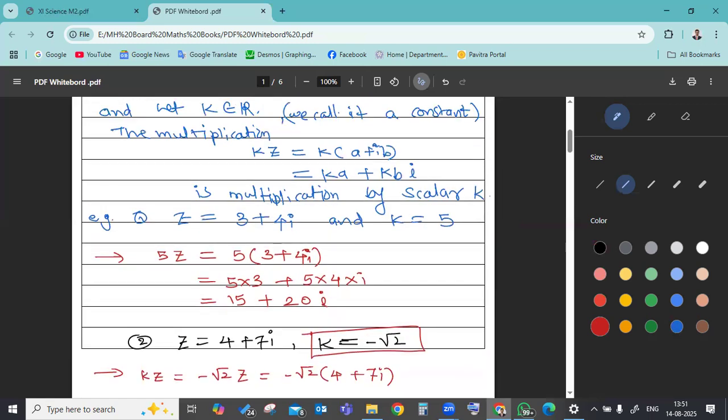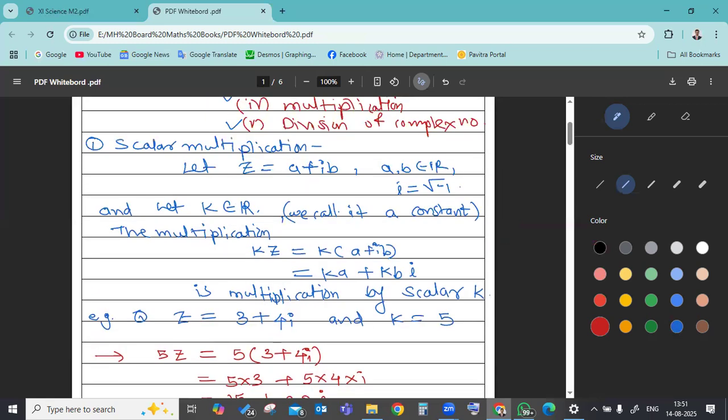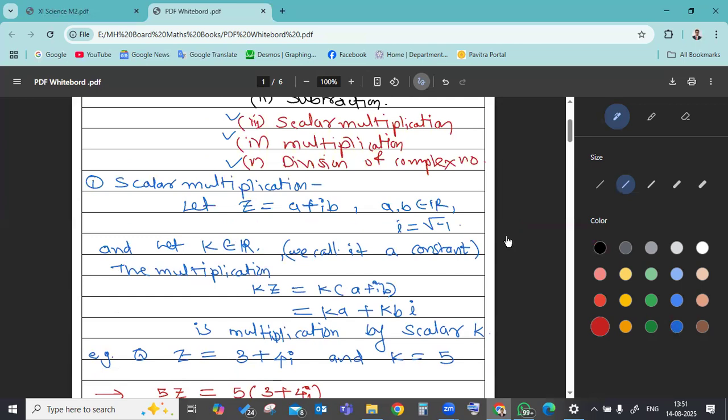Is there any difficulty in this scalar multiplication? I will give you time later on. You just make notes of it later on. Have you understood this now? While solving problems, if you find any difficulty, then I will ask you to write it down. These notes you can make later on.